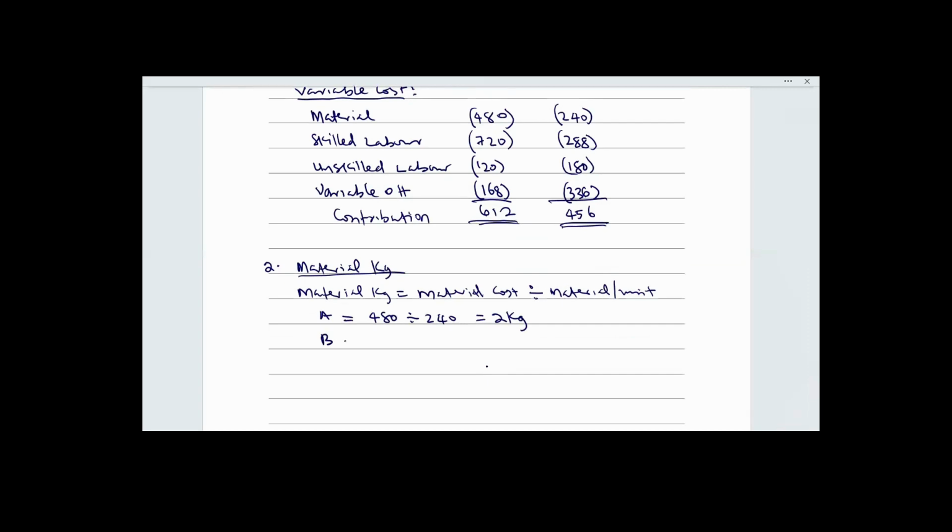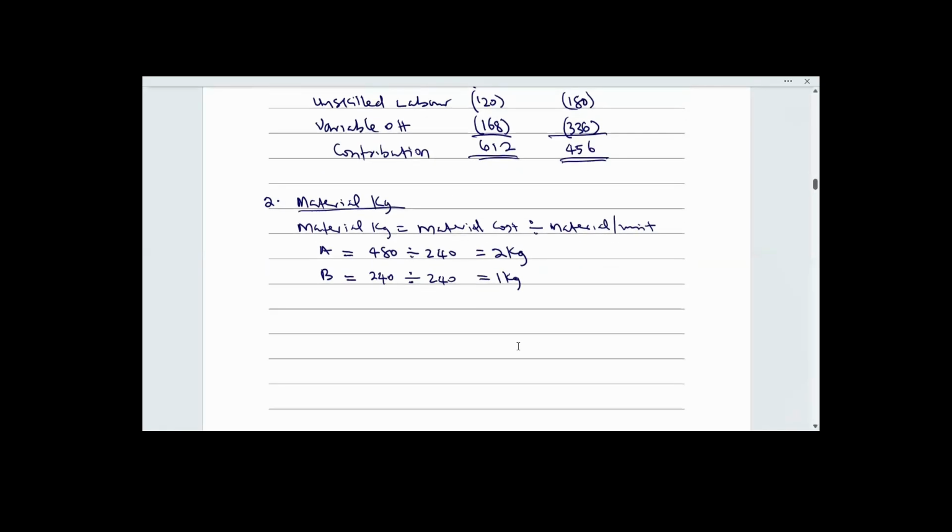For B, 240 divided by 240 naira is 1 kilogram.